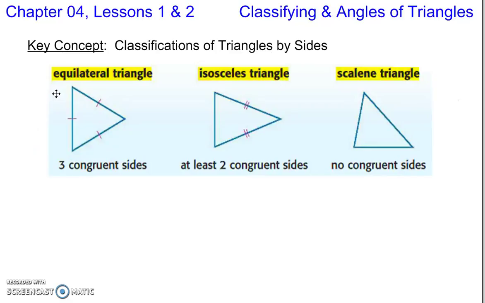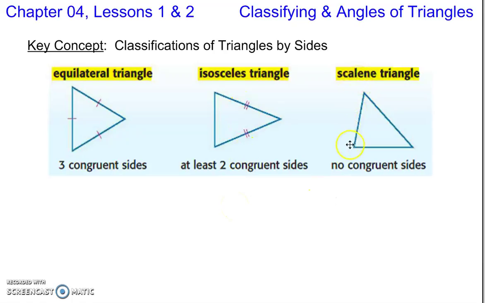Classifying them by their sides, you know the equilateral triangle has three congruent sides. Every side is the same measure. Isosceles, iso comes from the same, and sceles is from legs, so two legs that are the same, has at least two congruent sides.